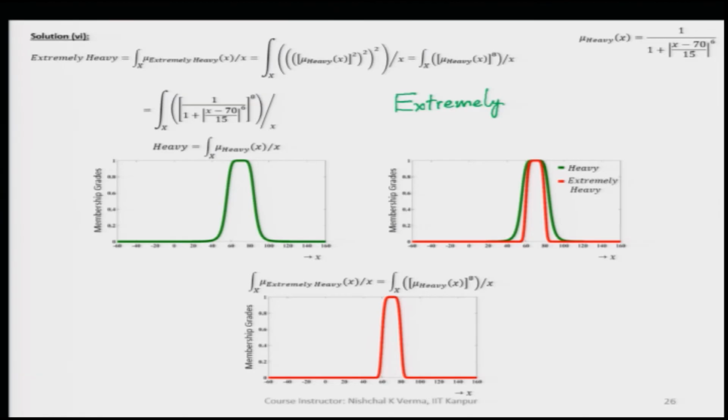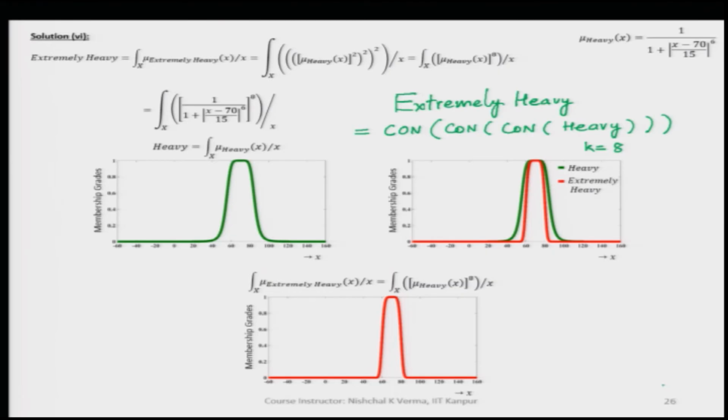So, extremely heavy can be simply the concentration, and then concentration, and then concentration of heavy. This means 3 times concentration of heavy, and this is a normal concentration. It means the final value of k is going to be 8.